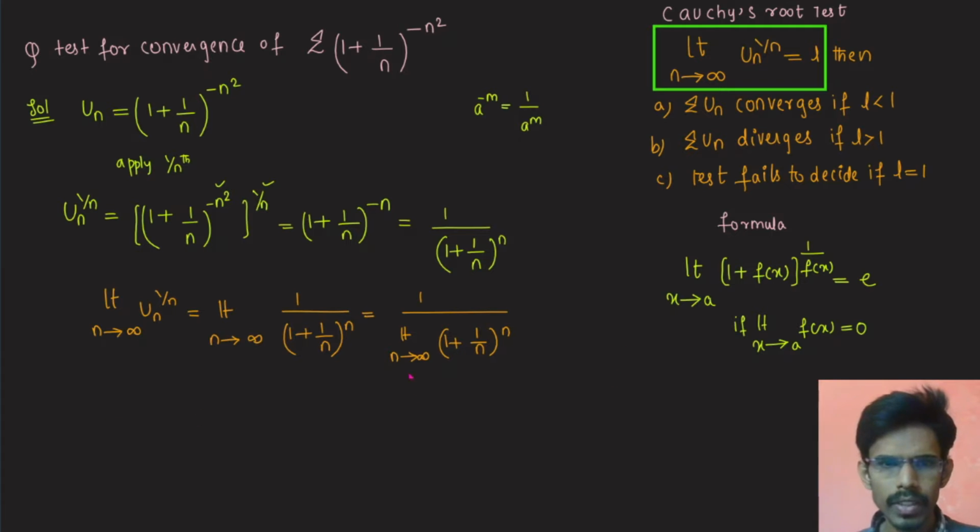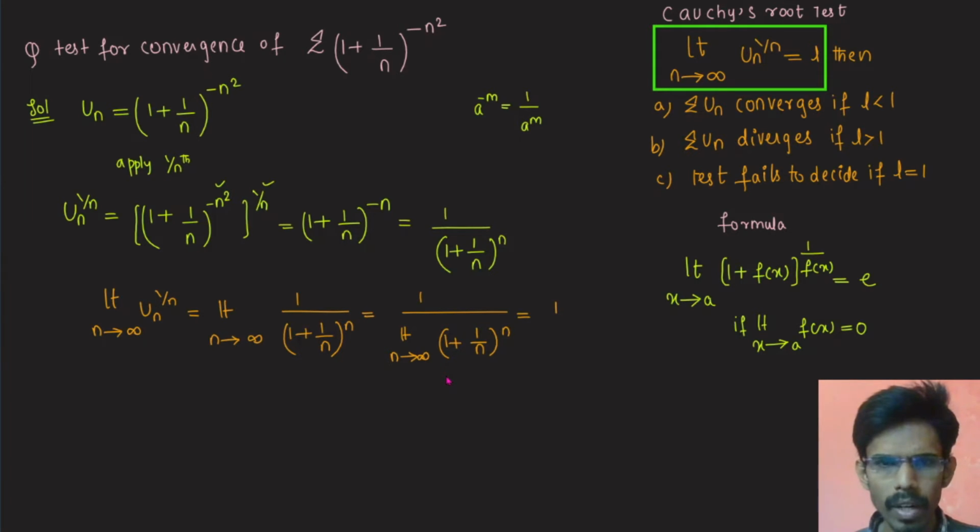Now compare this limit n tends to infinity of 1 plus 1 by n power of n with the given formula. Here on the right hand side we have the formula: limit x tends to a of 1 plus f of x to the power of its reciprocal 1 by f of x, whose value is e if limit x tends to a of f of x is 0. So this problem is same as this formula, so its value will be e.